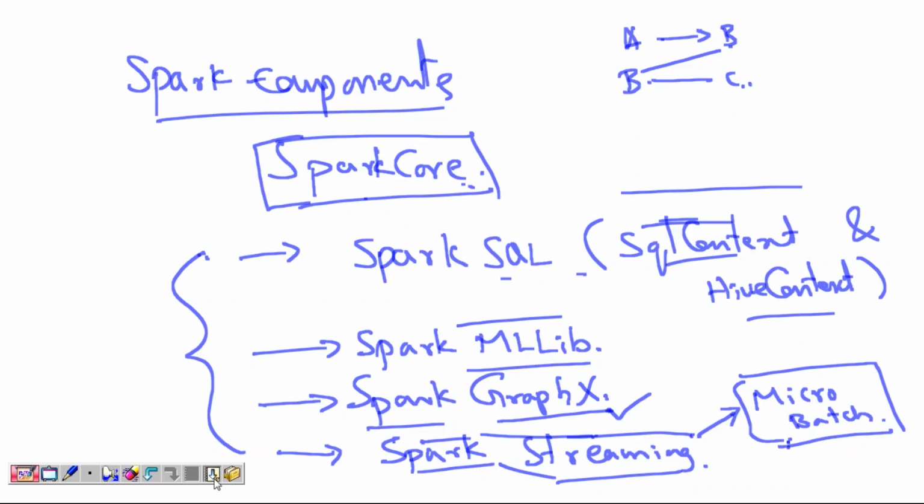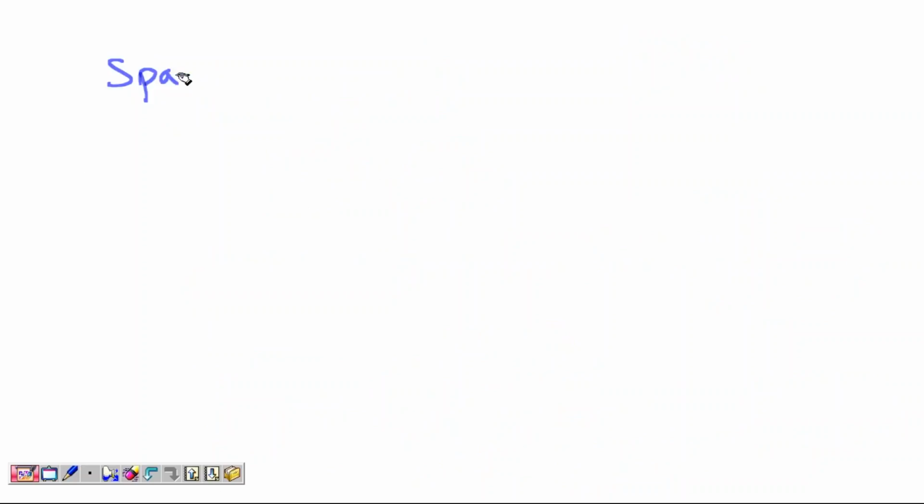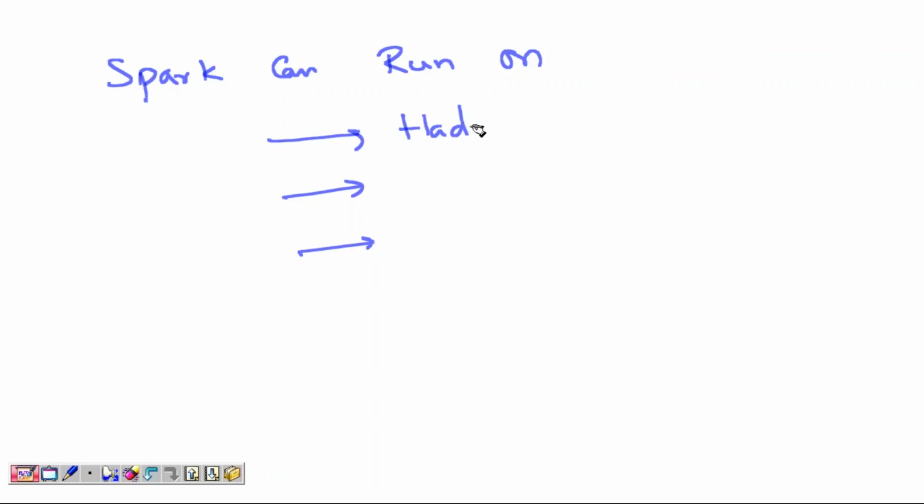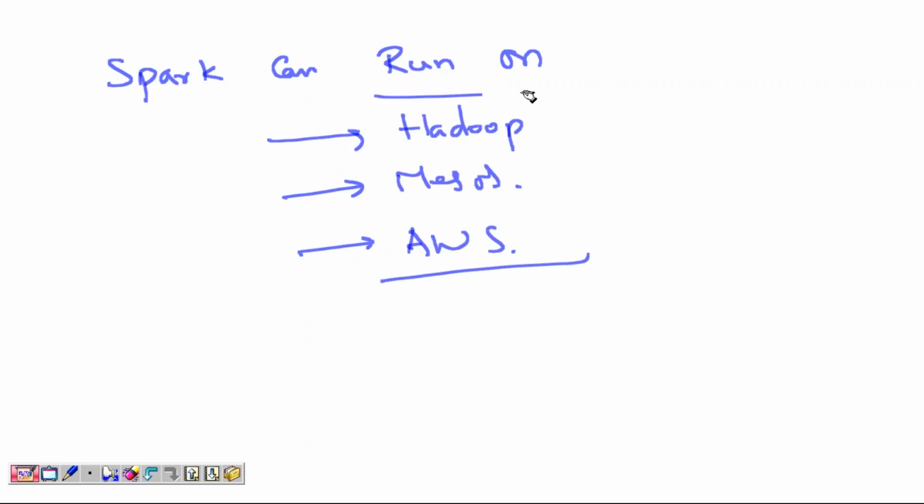Once again I will repeat: Spark independently cannot be executed. It needs cluster support. Based on this, Spark is not at all a replacement for Hadoop. Spark is a replacement only for MapReduce.